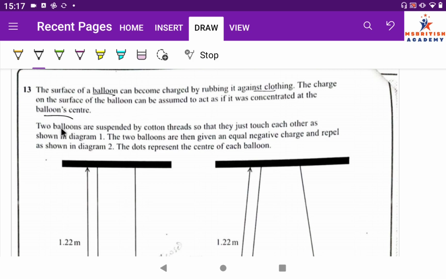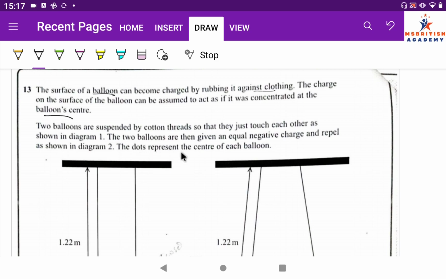the balloon's center. Two balloons are suspended by a cotton thread so that they just touch each other, as shown in figure 1. The two balloons are then given an equal negative charge and repel, as shown in figure 2.